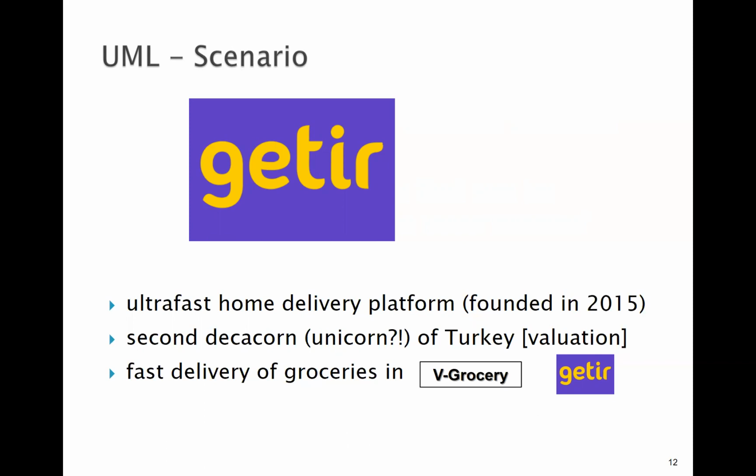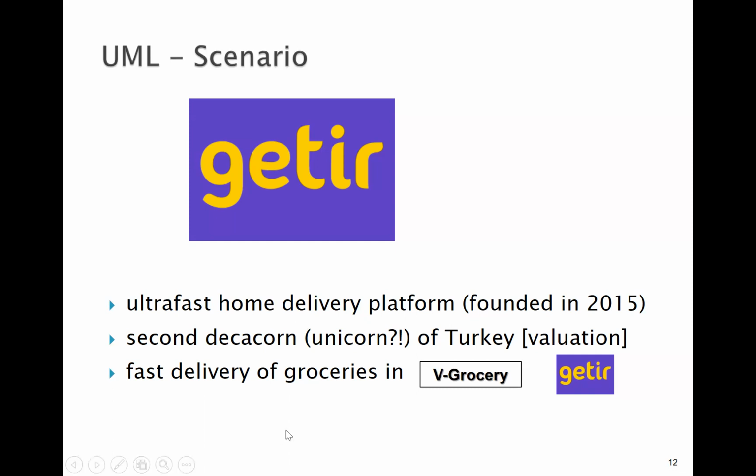Unicorn represents startups with a valuation of $1 billion, while decacorn represents startups with a valuation of $10 billion. So Getir is the second decacorn of Turkey.